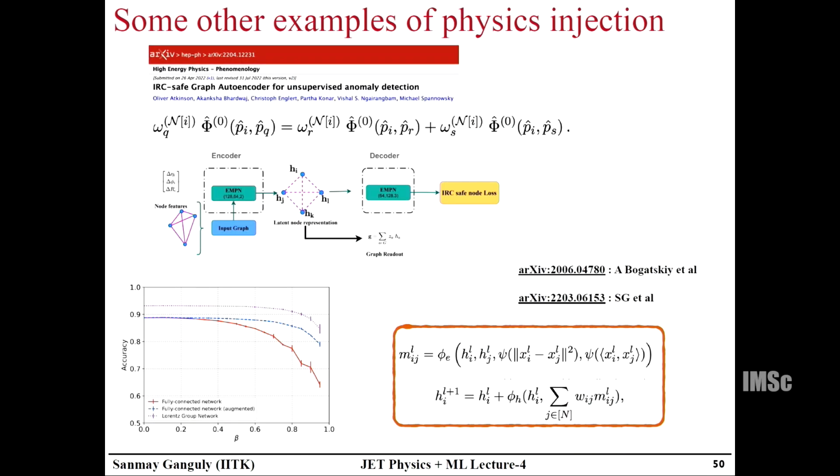Now, there are some other examples I want to show you. There are all these boost invariant networks, Lorentz group equivariant networks, where the accuracy of boosted top identification stays sort of constant if you really exploit the Lorentz group symmetry, whereas if you apply a fully connected network for the highly boosted scenario, the top tagging identification decays.